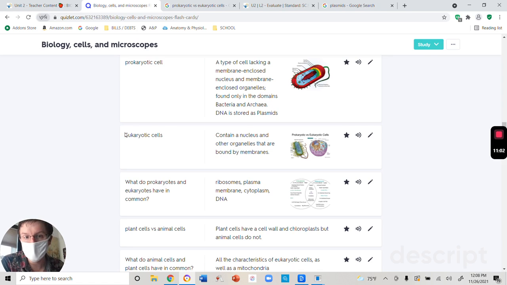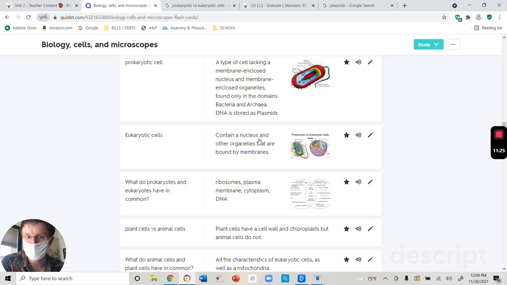Then eukaryotic cells, these are the things that make up us. We are made of eukaryotic cells. Your dog is made of eukaryotic cells. Your plants are made of eukaryotic cells. All that's made of eukaryotic cells. So we have a nucleus. Our DNA is stored in the nuclei, and our organelles in our cells are bound by membranes.